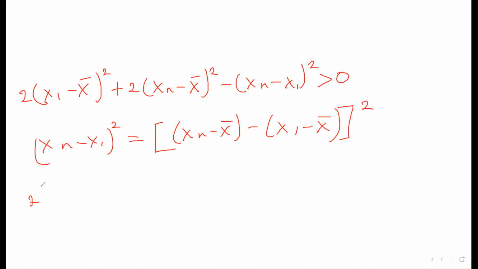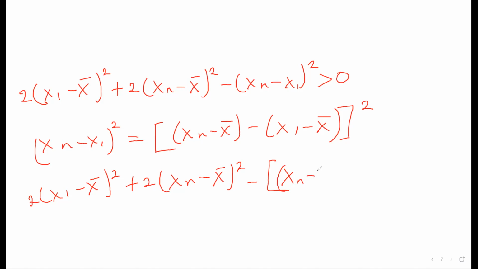So I have 2(x1 minus x bar) squared plus 2(xn minus x bar) squared minus everything here, which is (xn minus x bar) minus (x1 minus x bar), squared. So basically, if I now open up this bracket, I'm going to have a very long equation.